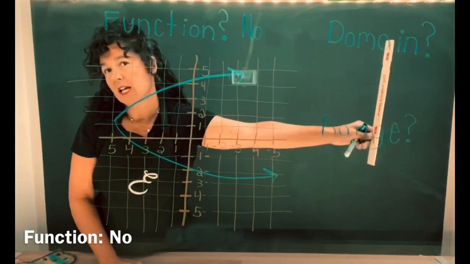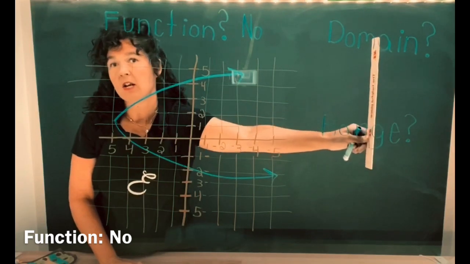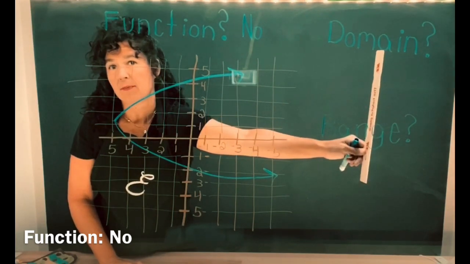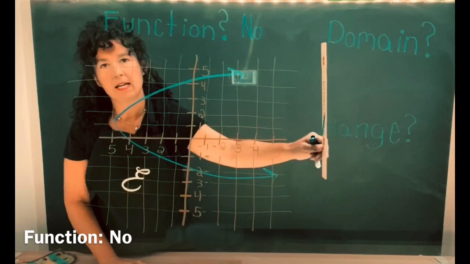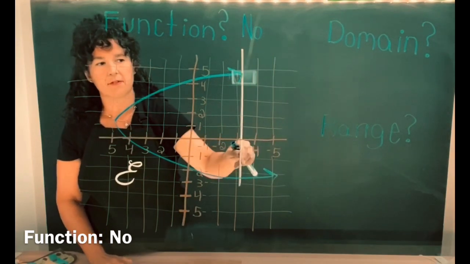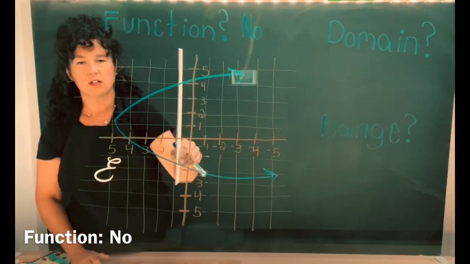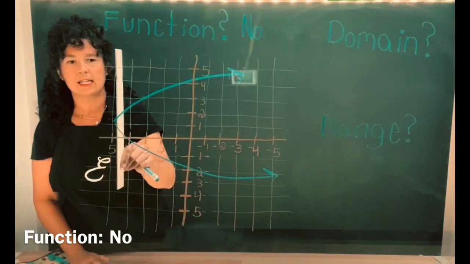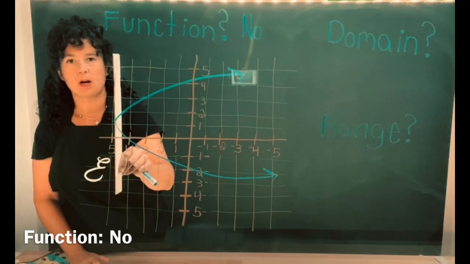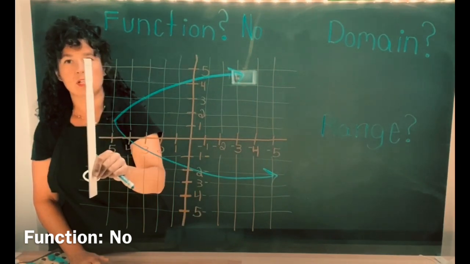So as far as I can go from the left, that would be known as negative infinity. We are going to remain in contact with the graph until we get right here. And that's at positive 5. After positive 5, we lose contact.